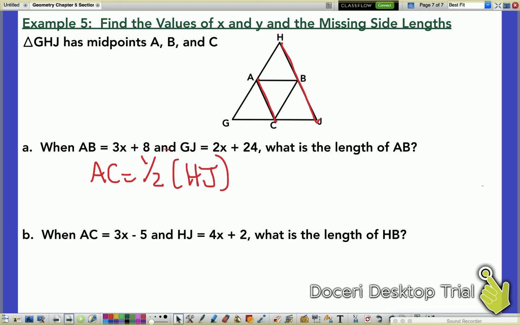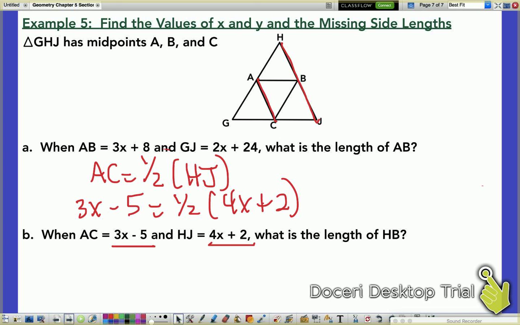So AC, 3x minus 5, half of HJ, 4x plus 2. I started up there so I don't run out of room this time. Half of 4 is 2. Half of 2 is 1.